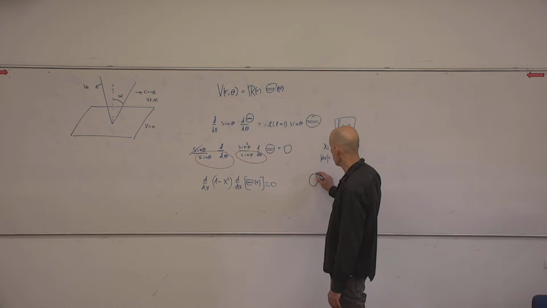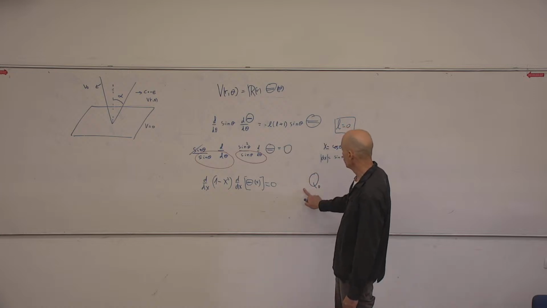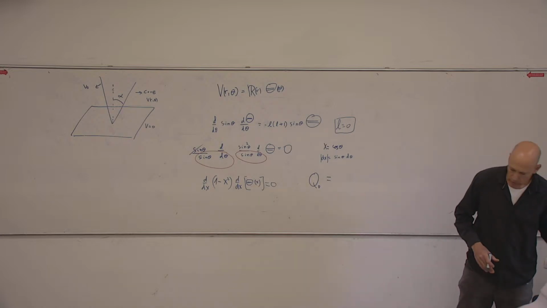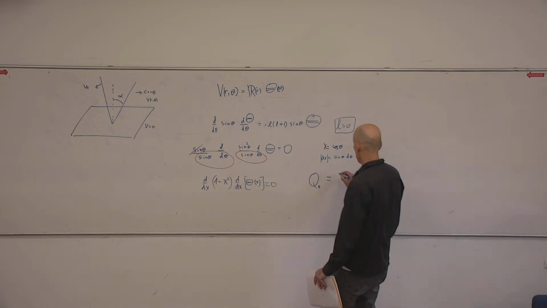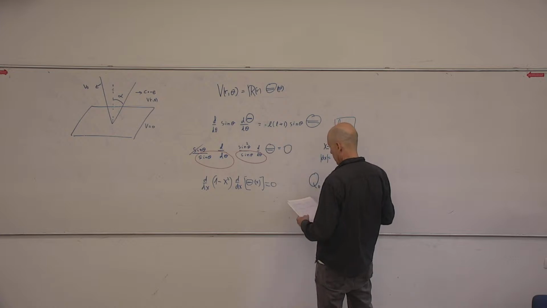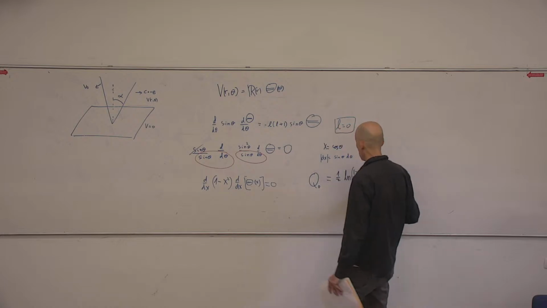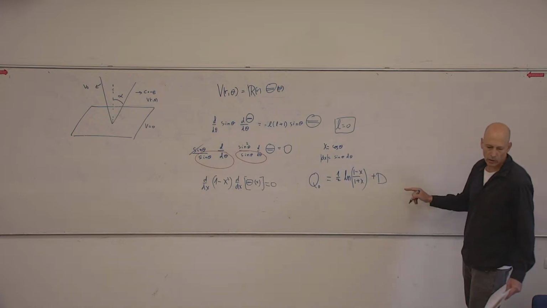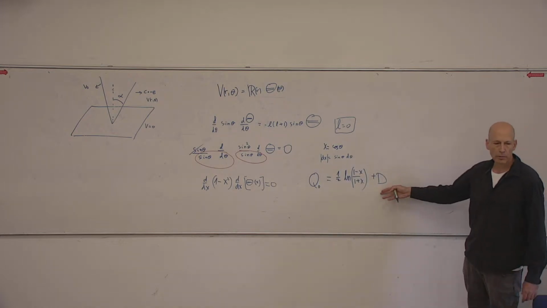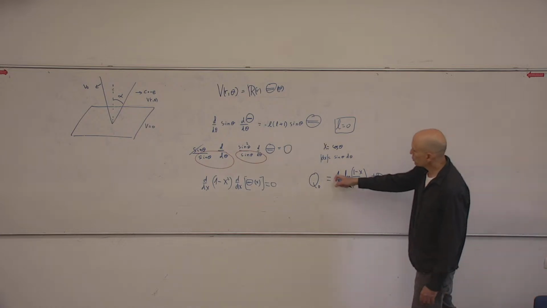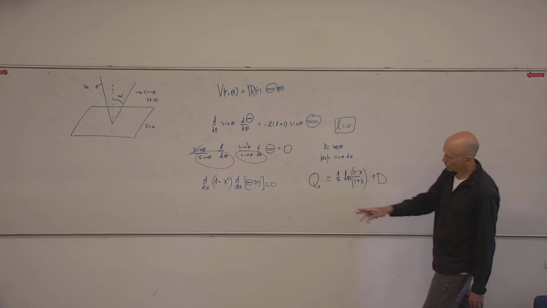The solution of this equation I'm going to write with this Q. I'll write down the solution and then we'll check it. It's 1/2 log of (1 minus x) over (1 plus x), plus d, some constant. The d constant is like the usual Legendre polynomial, which is a constant. You can also have a constant here because this equation is linear.